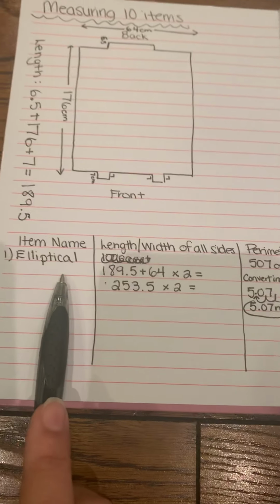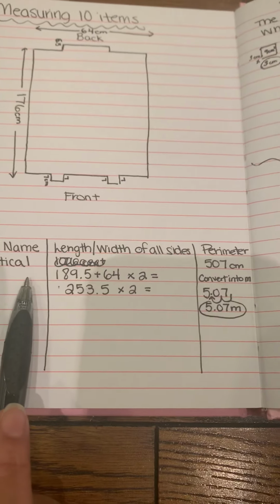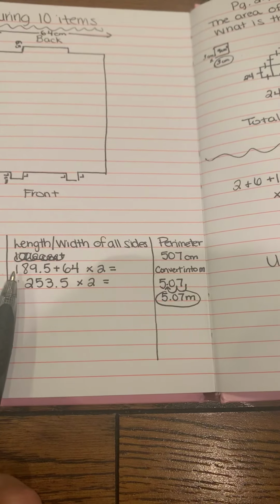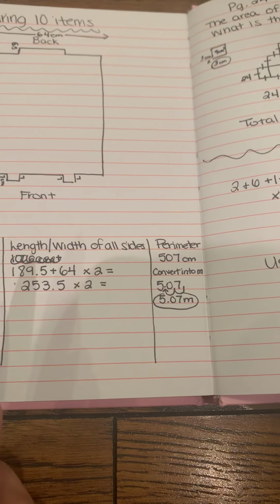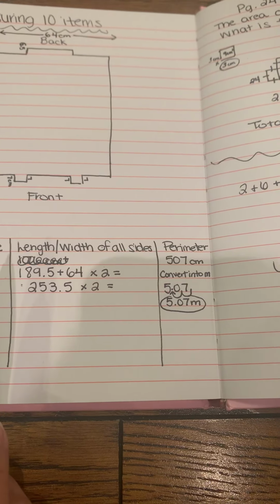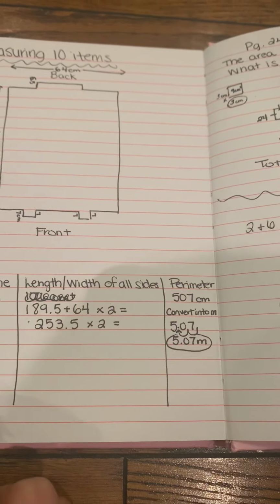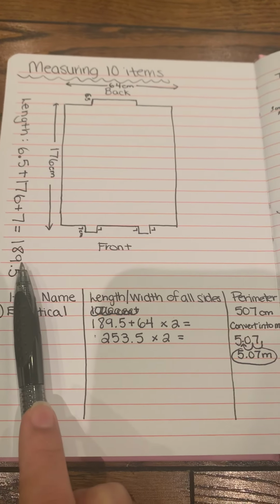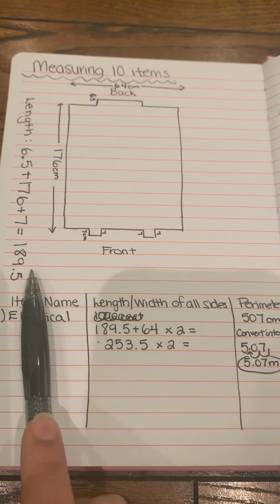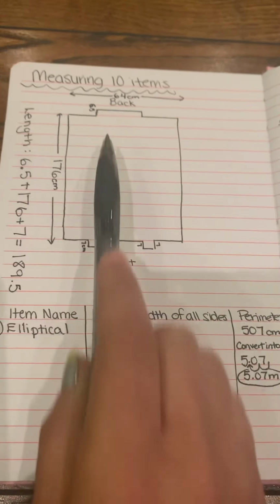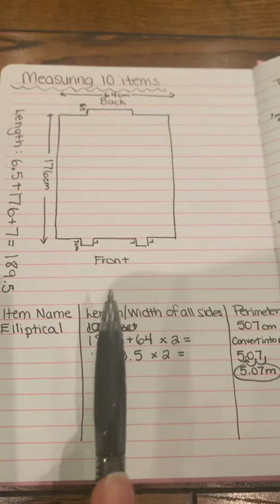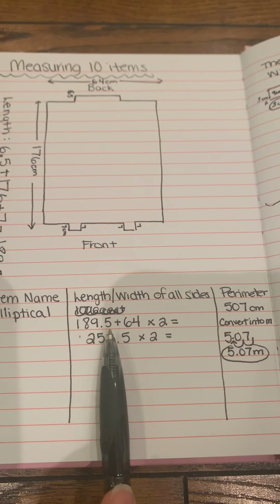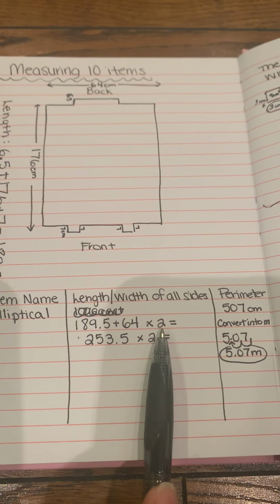So on the sheet you're going to write down the 10 objects that you want. So I wrote down the elliptical at first. Remember, when you're finding your length and width, there's a couple of different ways you can do this, but at the end of the day, you are adding up all your sides. So because we have 2 lengths, you would go 189.5 plus 189.5 plus 64 plus 64, which is basically what I did, but I did it times 2 instead.